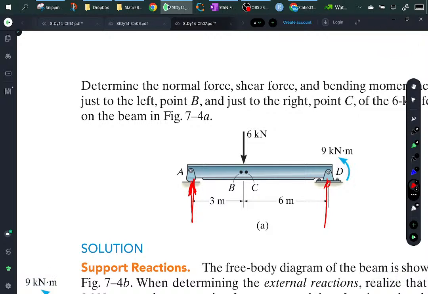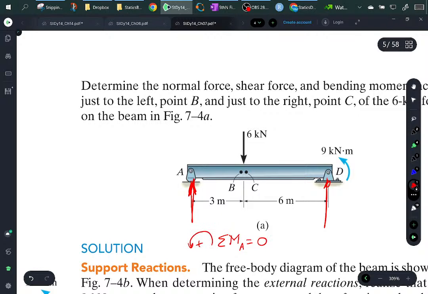Then, say you want to sum the moments about D, or maybe let me do it about A first. Sum of moments about A equals 0. I do my standard, that way being positive. So I'll start here.